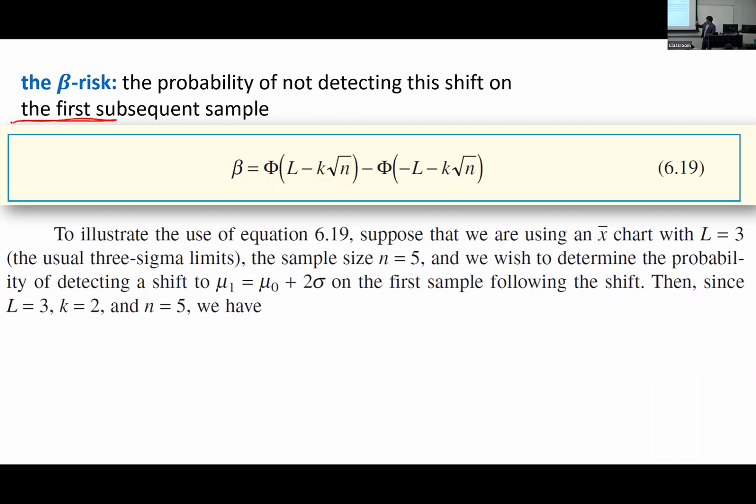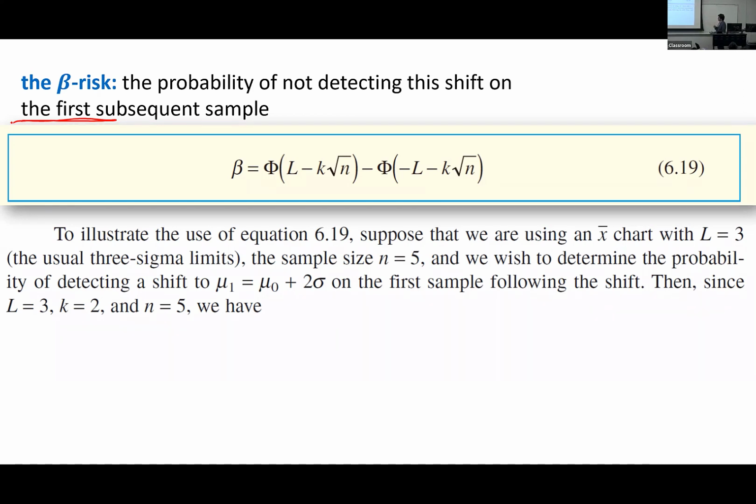As soon as the shift happens, what's the probability that the first sample I take after the mean has changed falls within limits? That's beta, and we just calculated that it's going to be that formula.